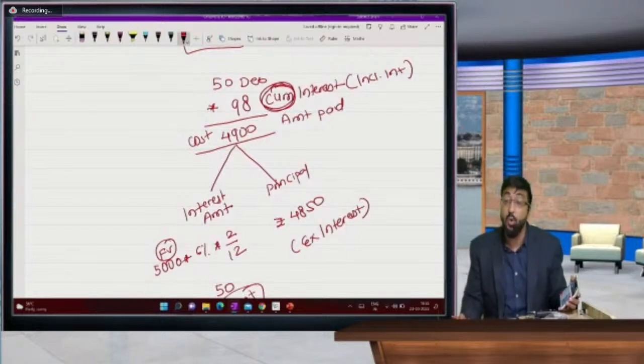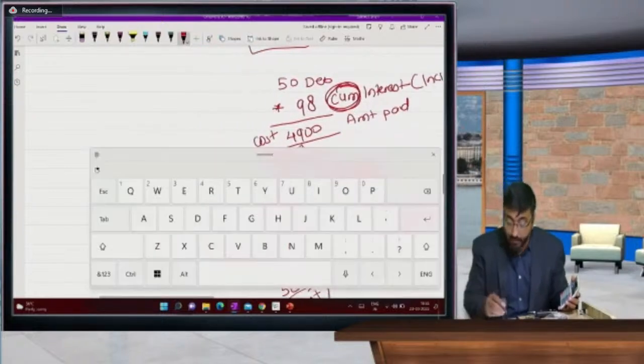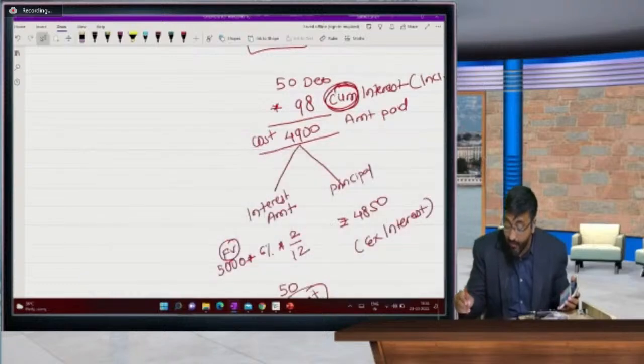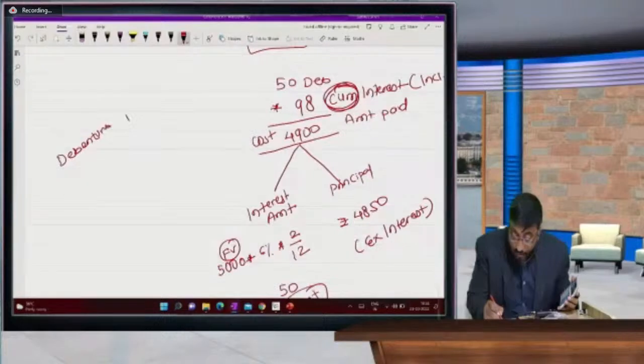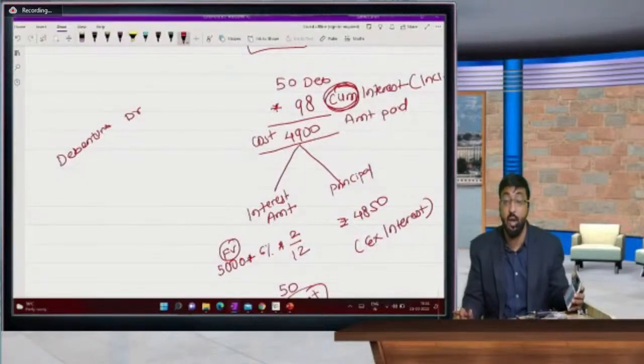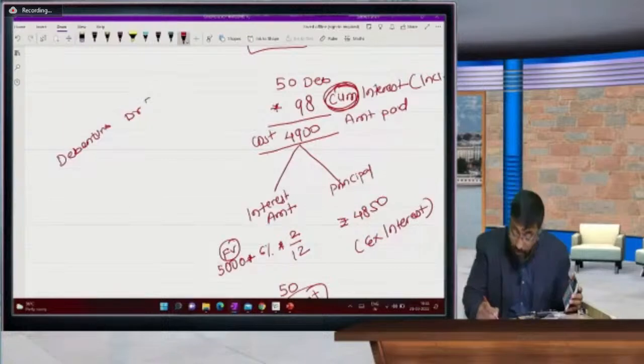But whenever you are passing any entry, for example, now I want to cancel my debenture. Debenture normally has a credit balance, so to cancel it we give the opposite effect. Very important concept. Debentures account is debited, always at face value, 5,000.